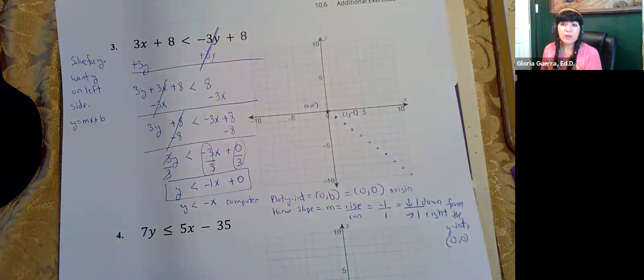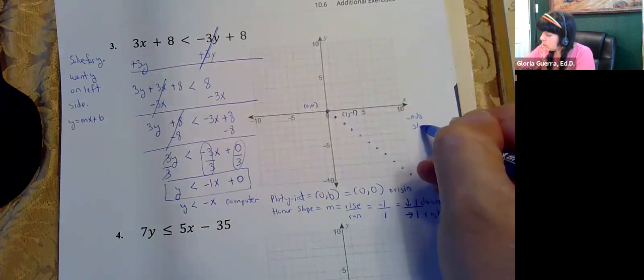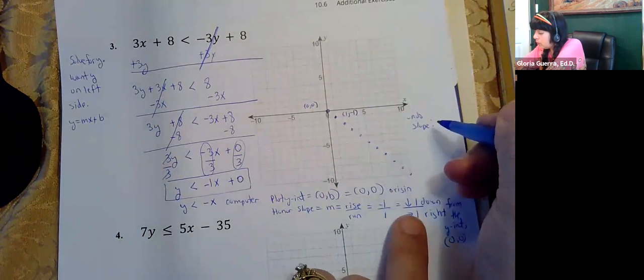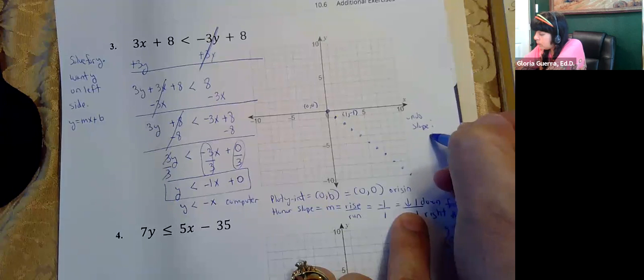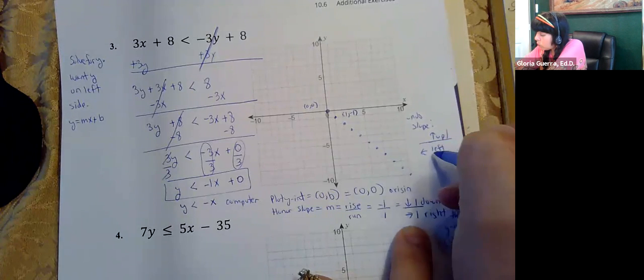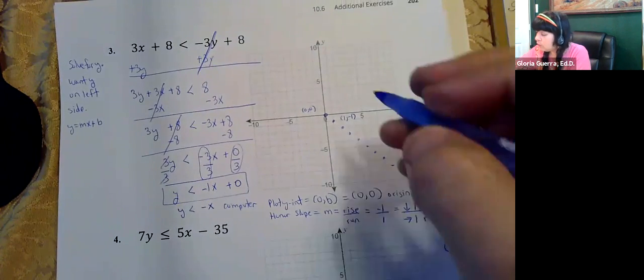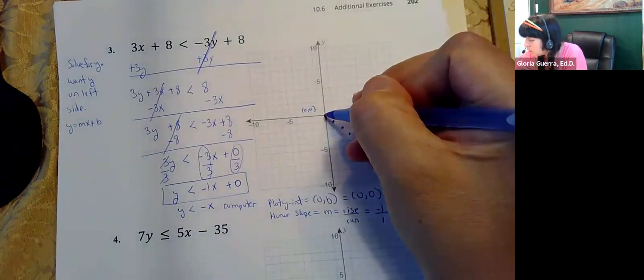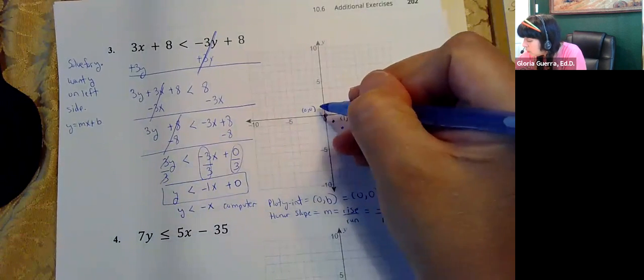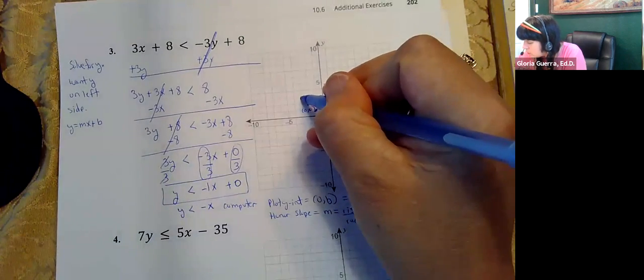If you wanted to undo your slope, we would go up 1 and then left 1, from the top part over here. Up 1, left 1, up 1, left 1, up 1, left 1.